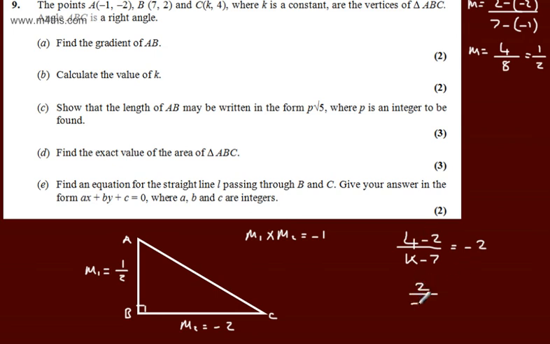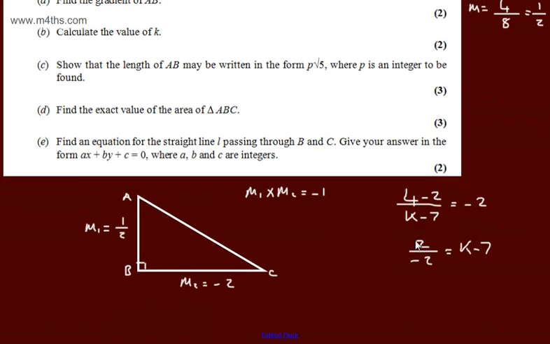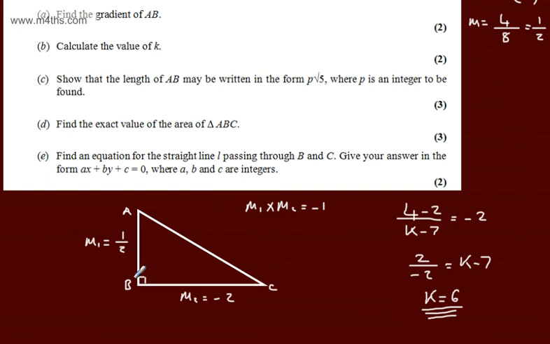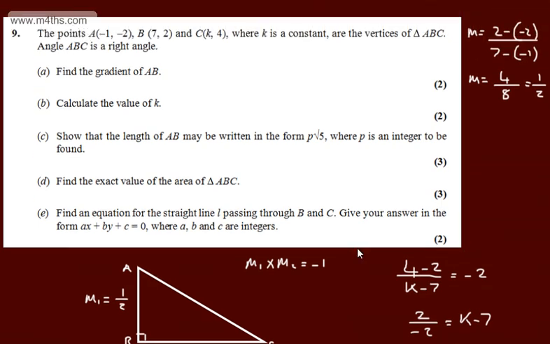I'm going to divide this by -2 and set that equal to k minus 7. So all I've done is just rearrange the equation and we're going to solve for k. From here we have -1 minus 1 plus 7. That gives me that k is equal to 6. So that's one way that we could find k. These two lines are perpendicular, therefore the product of their gradients will be -1, or if you like the negative reciprocal, and we solve for k.